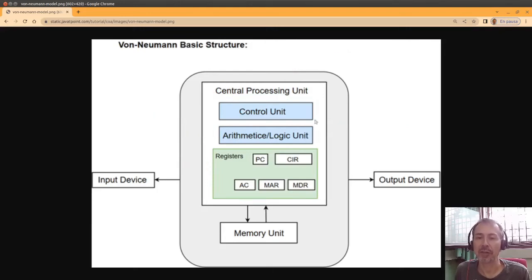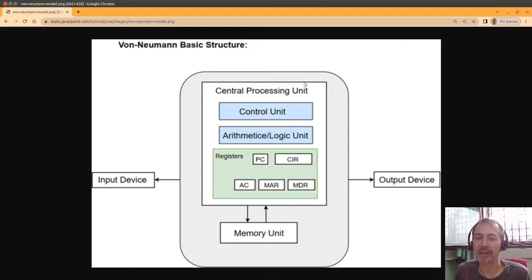That's the arithmetic logic unit. The control unit was designed to just control how everything worked. We will talk more about it later. And you have here some registers. The registers are temporary memory, very quick, just to help for some operations. For example, one told what was the next instruction to run.